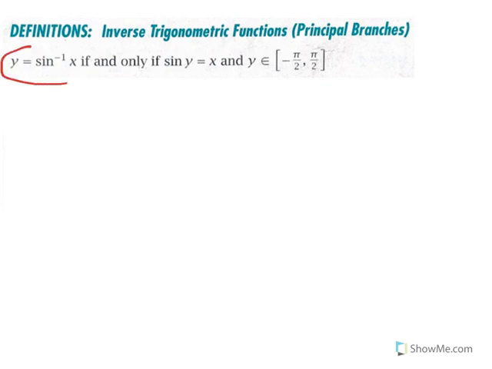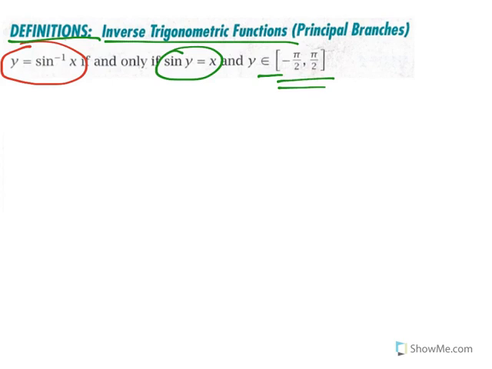Here's what the inverse sine function means, as we just went over. This is the definition of the inverse trig functions: y is equal to the inverse sine of x if and only if sine of y is equal to x, where y is an element of this closed interval.